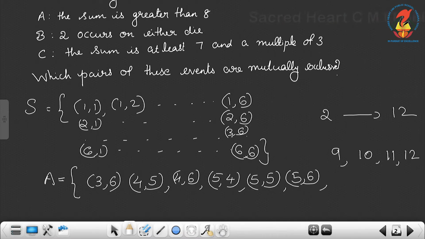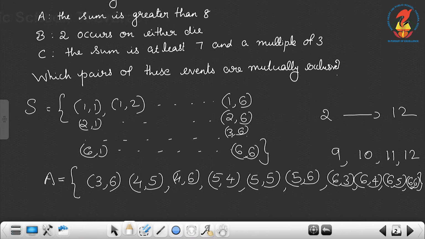Now in the last row, (6,3), (6,4), (6,5) and (6,6). So this is event A.